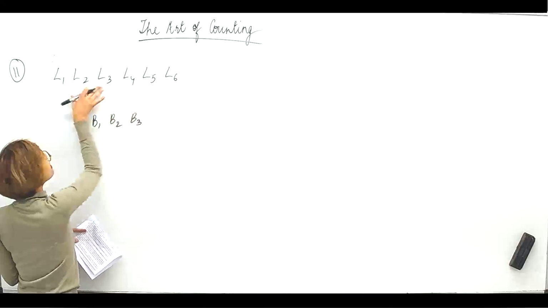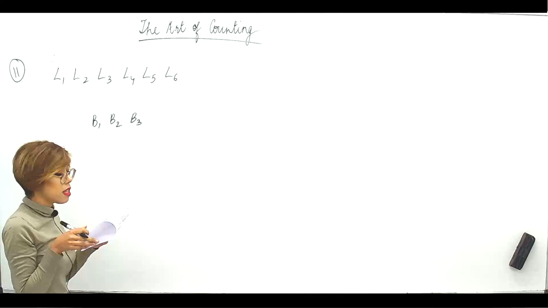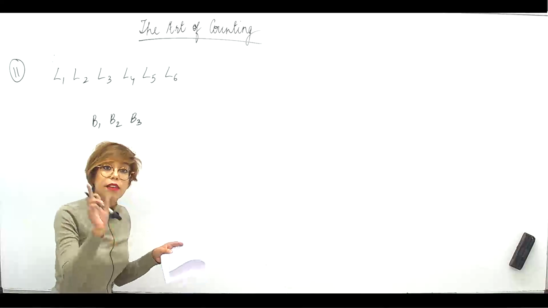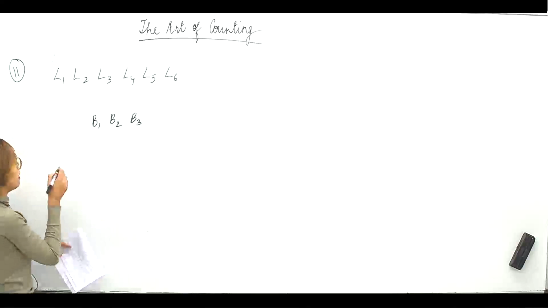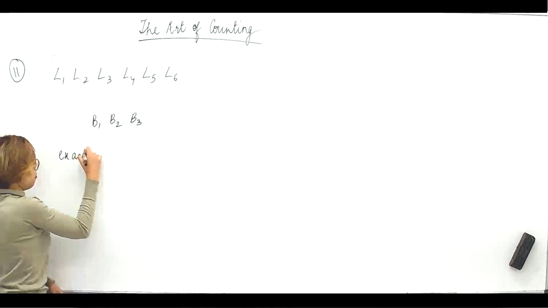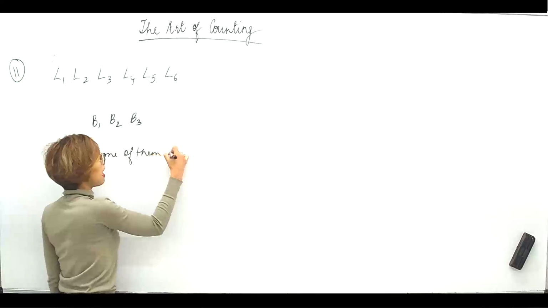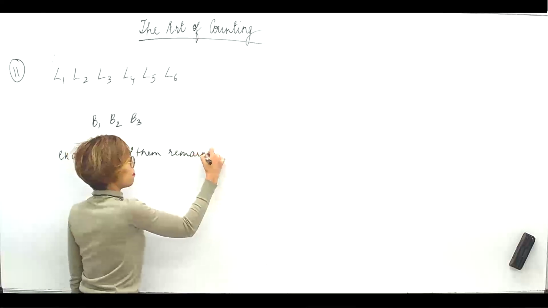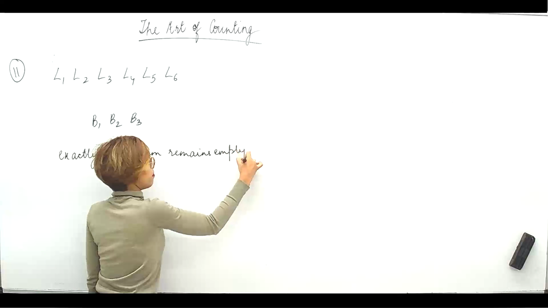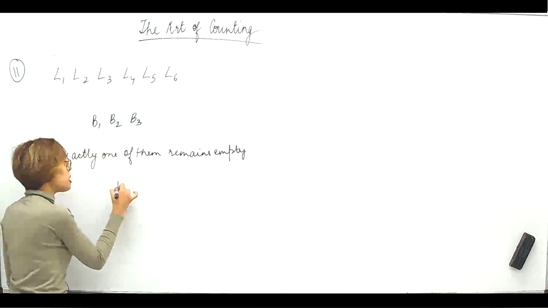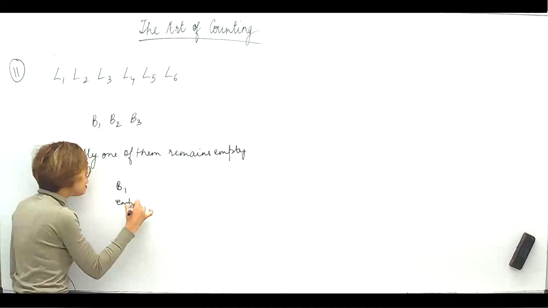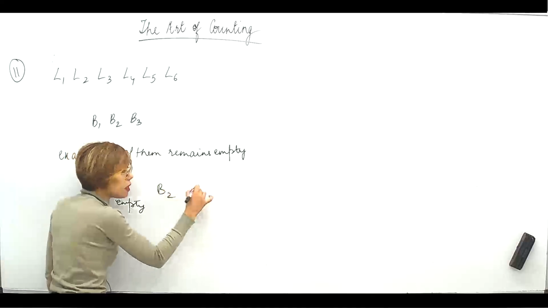I need to put these letters into these 3 boxes such that exactly one of the letter boxes remains empty. Exactly one of them. So maybe B1 is empty, then B2 and B3 cannot be empty.